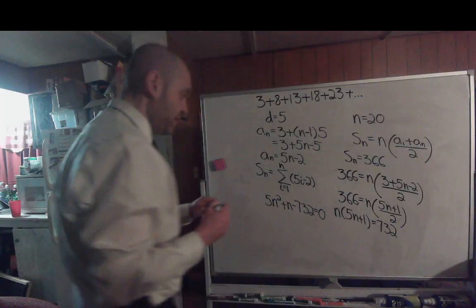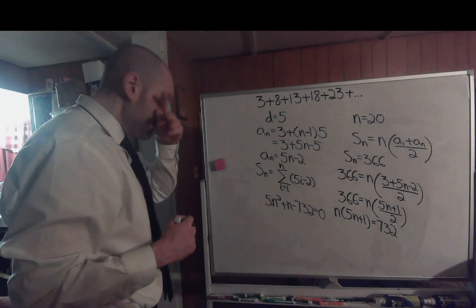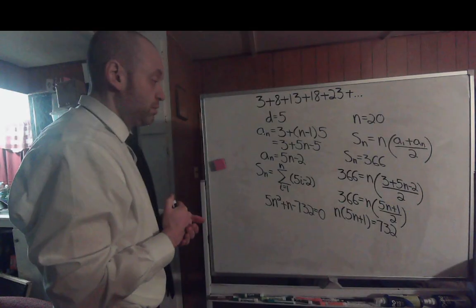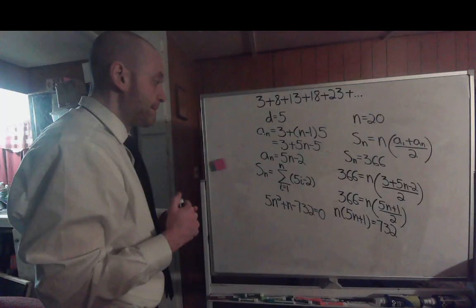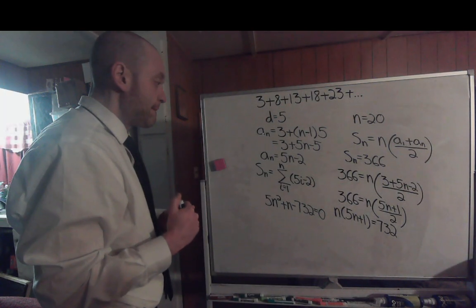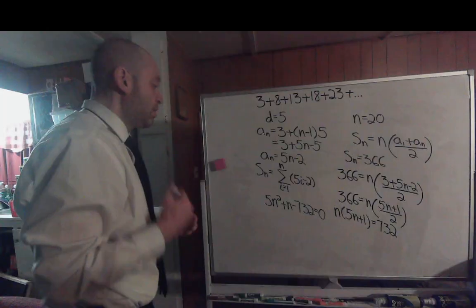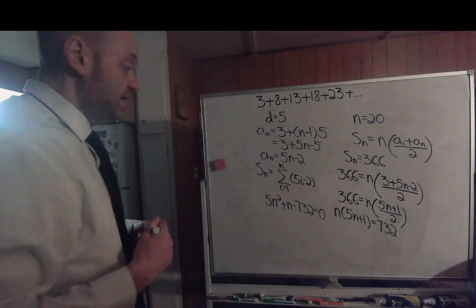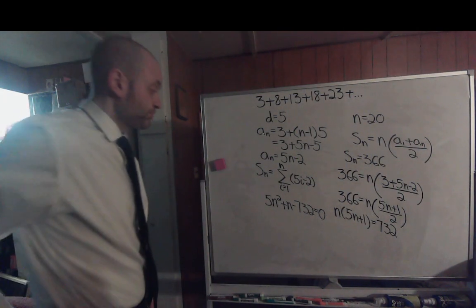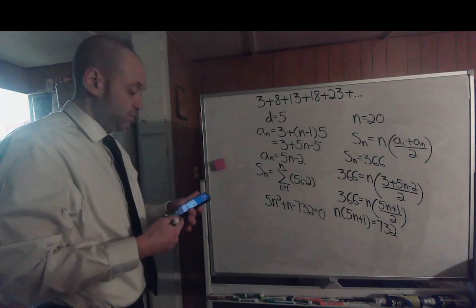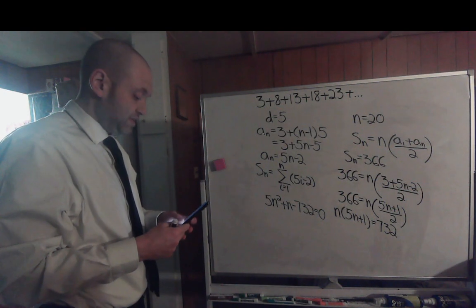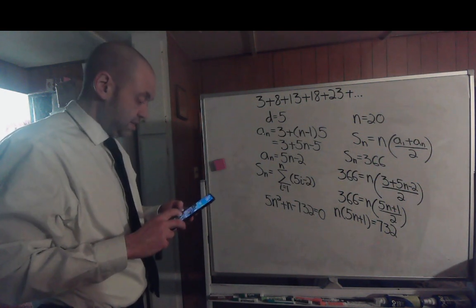Yeah, that wasn't very pretty, but that's exactly what we got here. Alright, so let's go ahead and see what we can do here. Let's see if this will factor at all, which I don't get warm fuzzy feelings about, but let's try it.